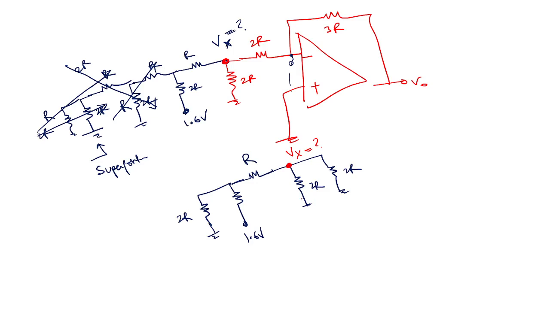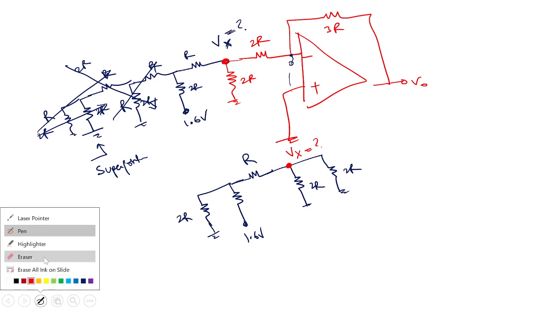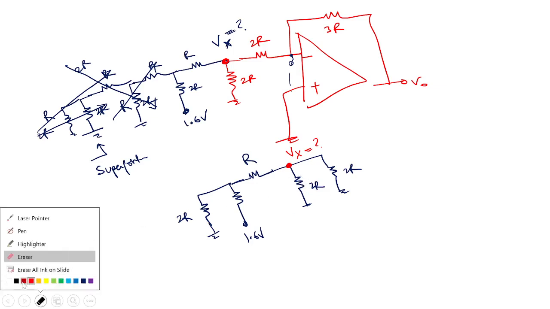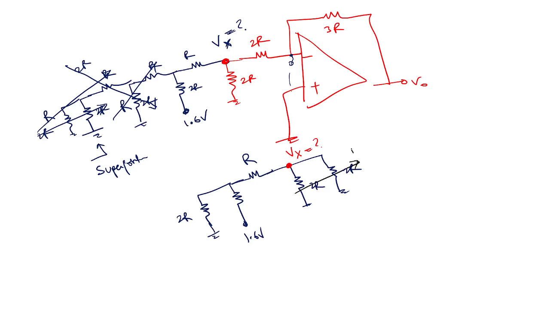Right. Now, if I combine these two branches, this will be R, right? This is 2R, 1.6 volt. This is 2R.